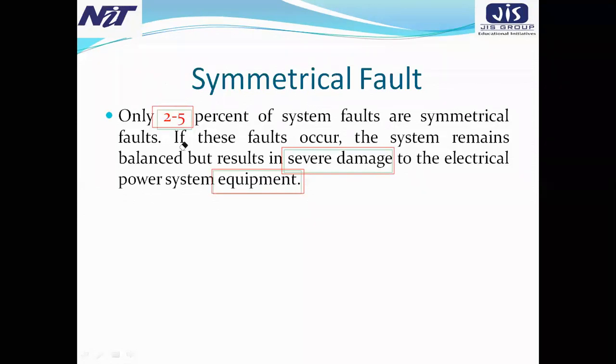So the system engineer, the control engineer, always tries to maintain and protect against this type of fault because its effect is not good. Its effect is very dangerous and it can damage many more things, many pieces of equipment, which is very harmful for the system.